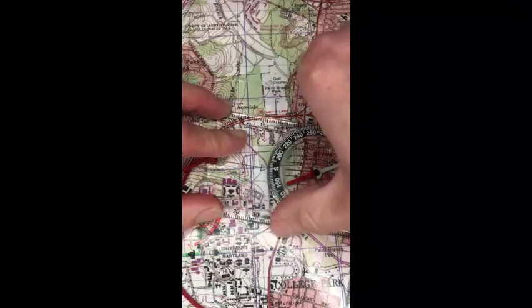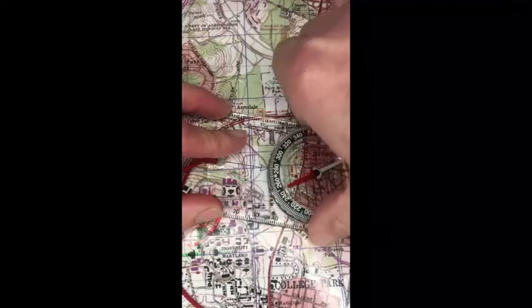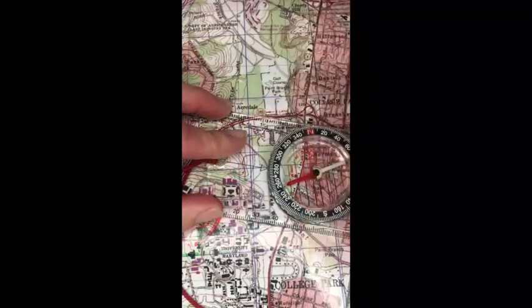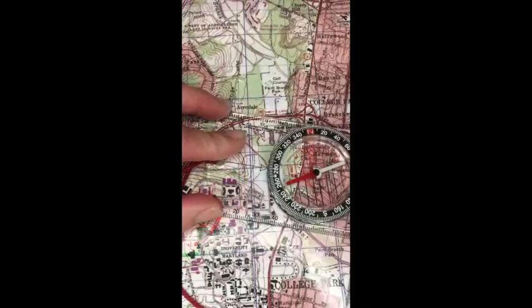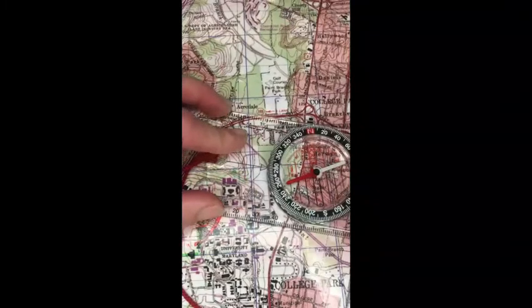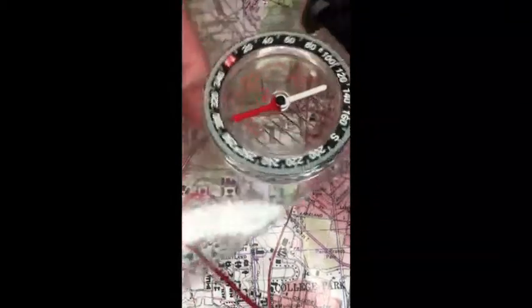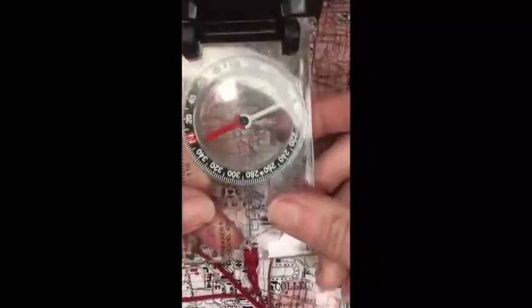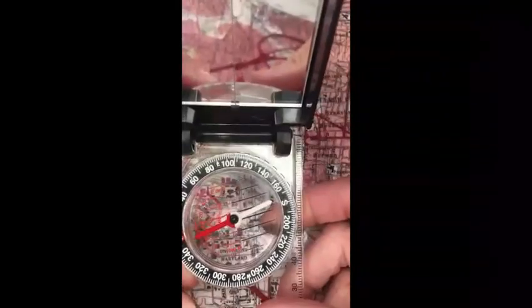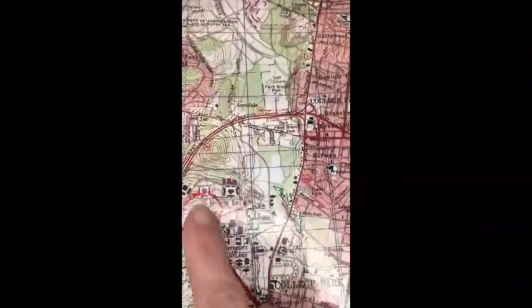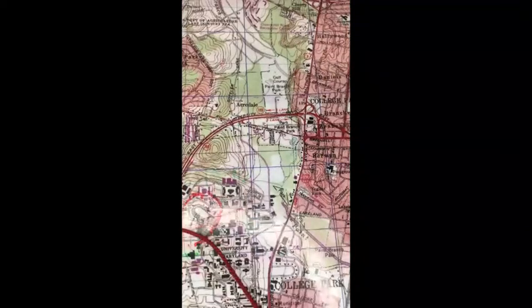Now we spin our dial so that our red north arrow and all those lines in the compass again are parallel with the grid line. Now we pick up our compass and we take our reading of our bearing. So we see around 110 degrees. So the bearing between our two waypoints is 110 degrees.